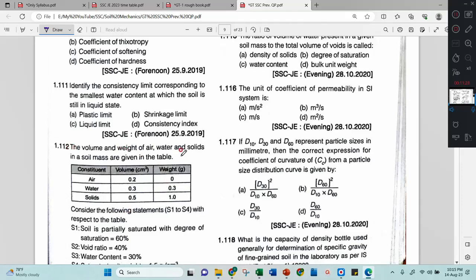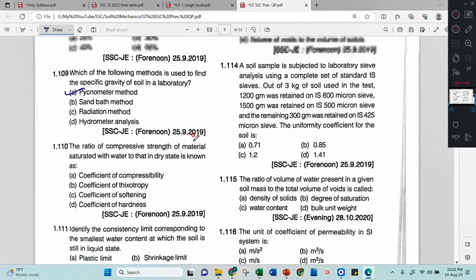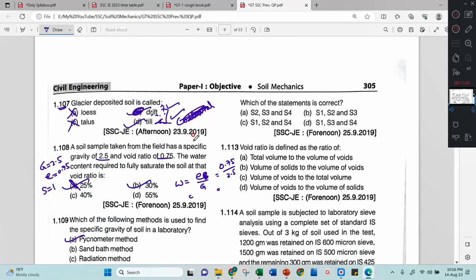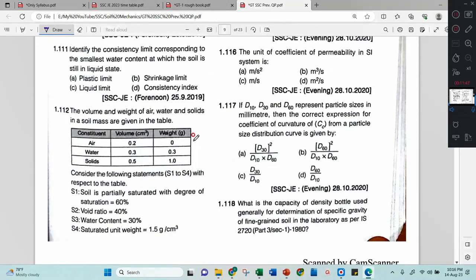This one, see. Volume and weight of air, water, and solids in a soil mass is given in the table. Very interesting. See options. Which of the statements is correct? Okay, we'll answer those. Soil is partially saturated with degree of saturation S equal to 60.